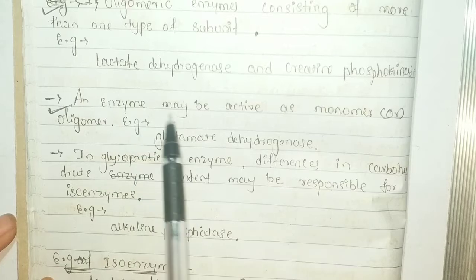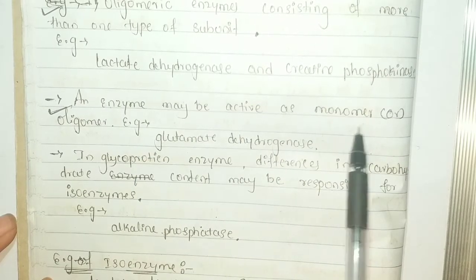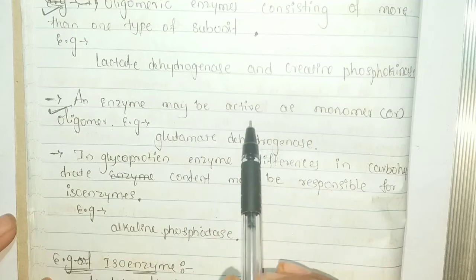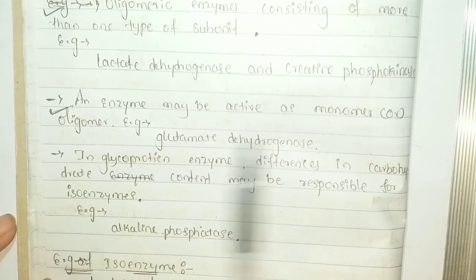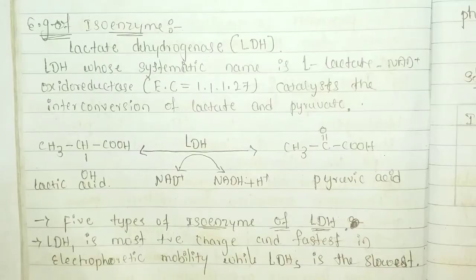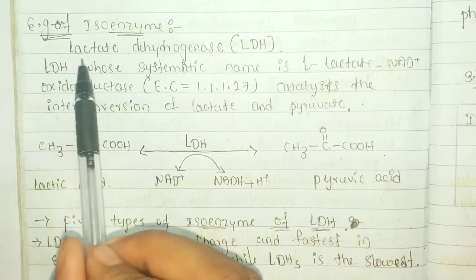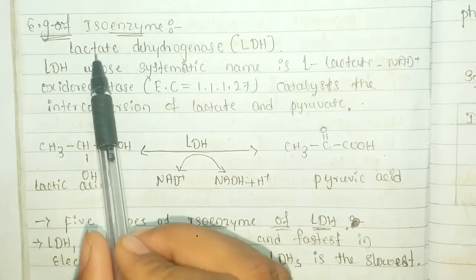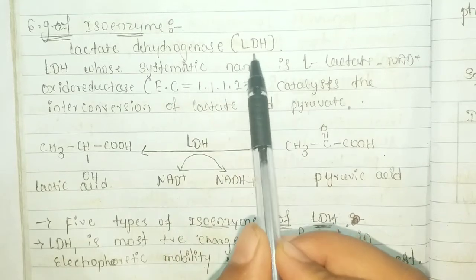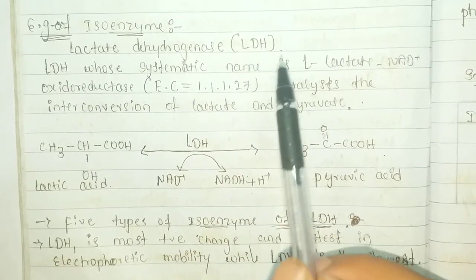An enzyme may be active as a monomer or as oligomers. Example is glutamate dehydrogenase. Here the first example of an isoenzyme is lactate dehydrogenase, which we call LDH.